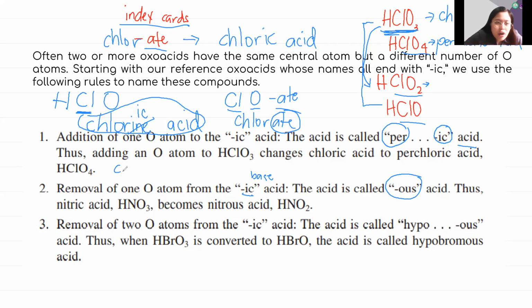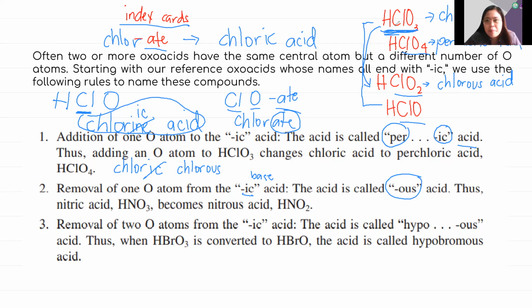So for chloric, tanggalin natin itong IC and papalitan natin siya ng OUS. So this is named chlorous acid. Okay? Chlorous acid.